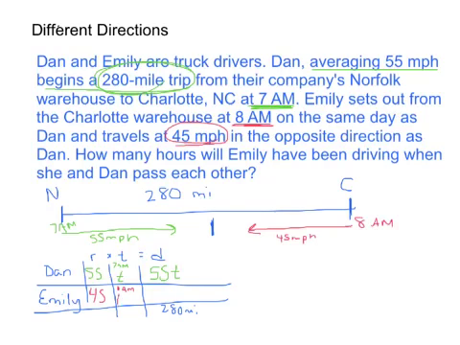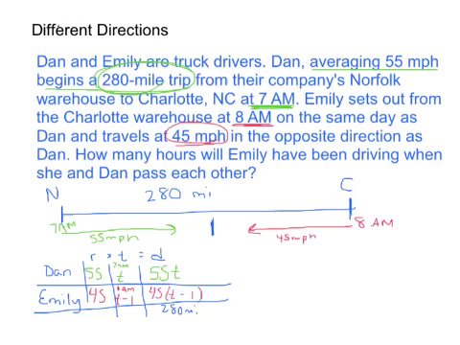So Emily's going to travel T minus 1 hours. Even though she's leaving an hour later, she's traveling for an hour less, which is why I am subtracting. Because the actual travel time is less, and that's what T stands for. So her distance is going to be 45 times T minus 1.